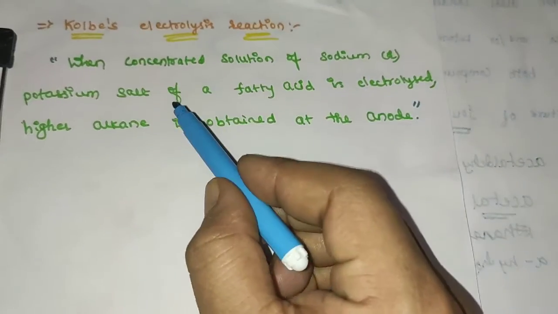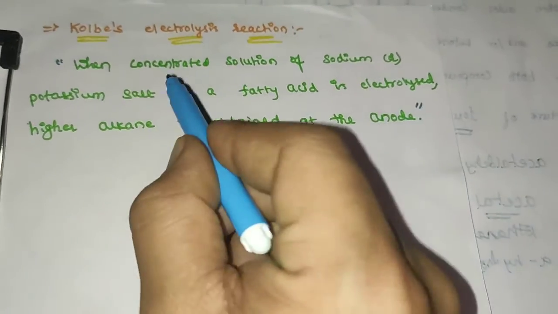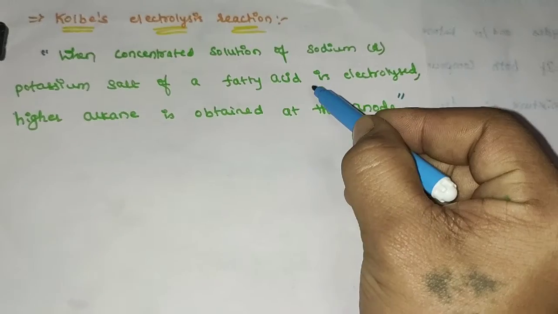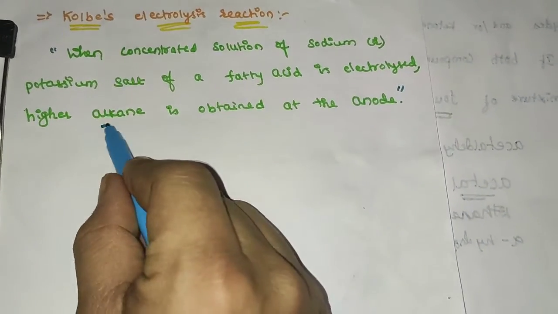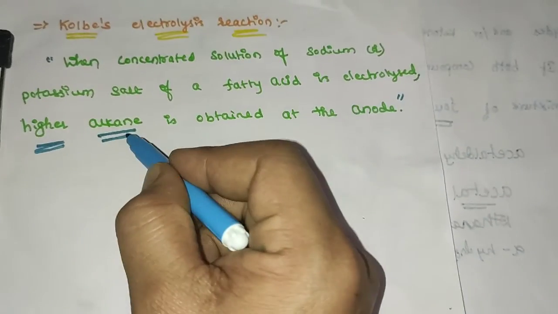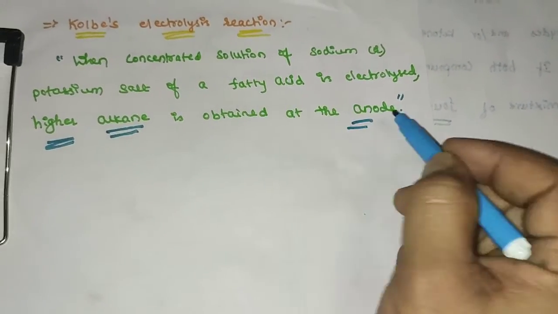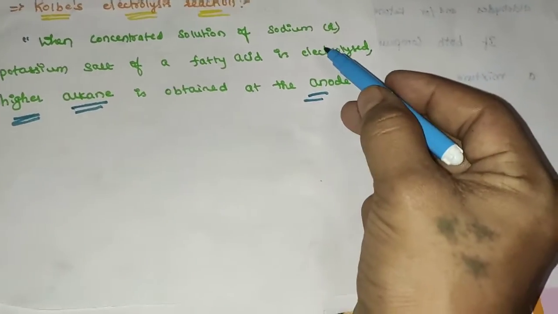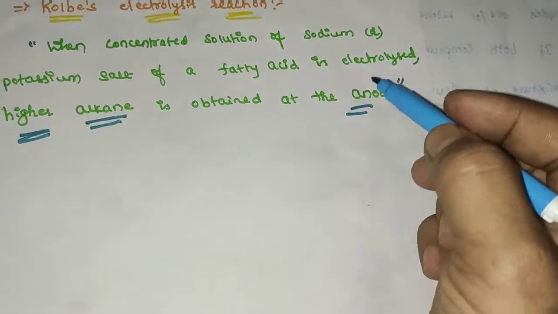Now let us learn about that. When a concentrated solution of sodium or potassium salts of a fatty acid is electrolyzed, the product is a higher alkane. That higher alkane is obtained at the anode. Such a reaction is called Kolbe's electrolysis reaction.